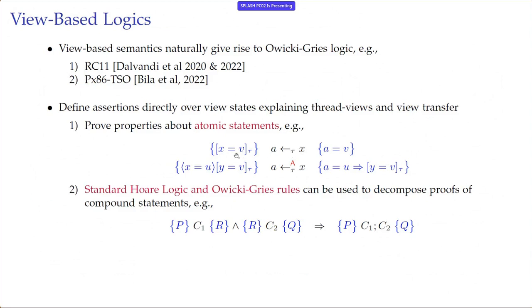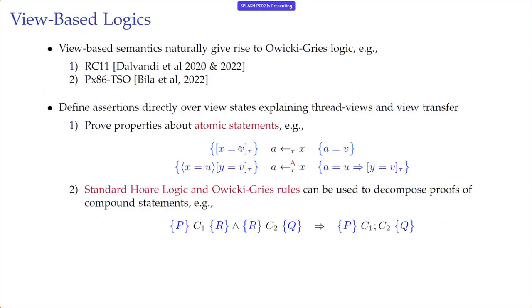And supposedly, if it reads X, it's going to guarantee to get the value V. And if the same thread performs that read, then as a postcondition, we get that the value of A, which is a register, is this value V that you can see over here. But these assertions are assertions over the view state.